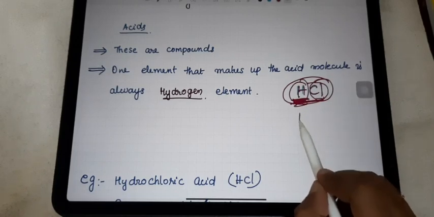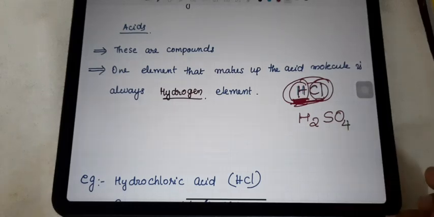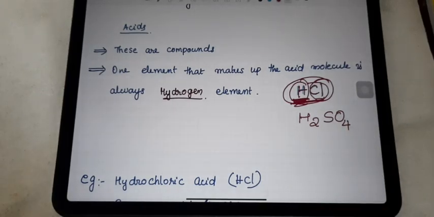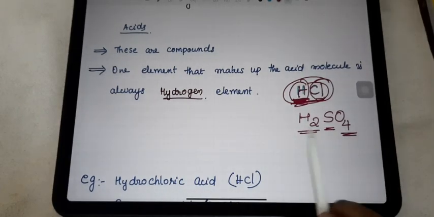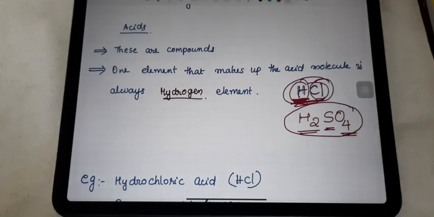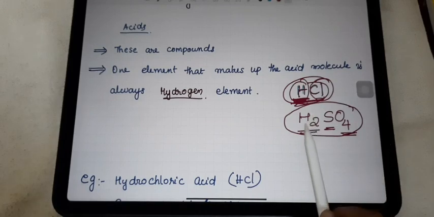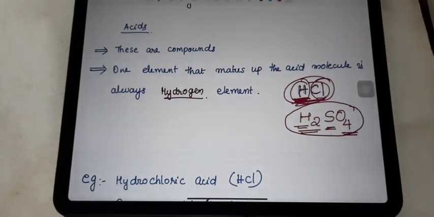Likewise, H2SO4 is another acid example. Its name is sulfuric acid. Here two hydrogen, one sulfur and four oxygen combine, so surely it is a compound. That's why we say that an acid is a compound, and one of the elements in this acid is hydrogen.